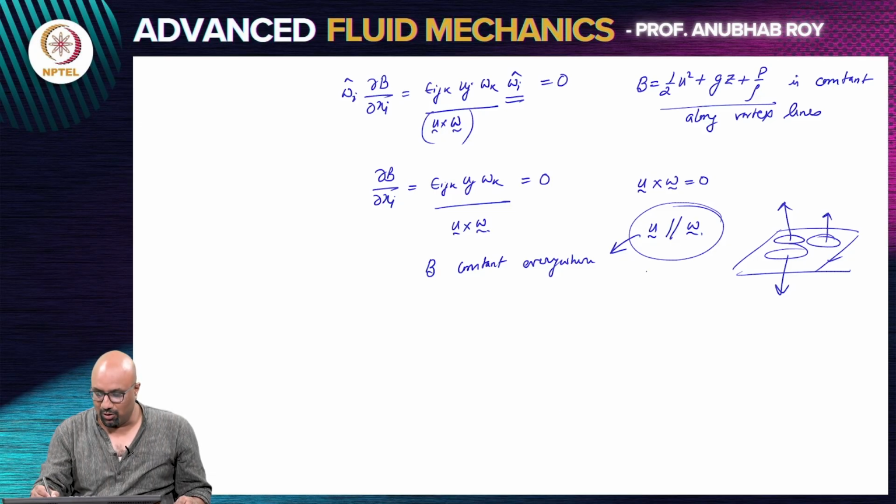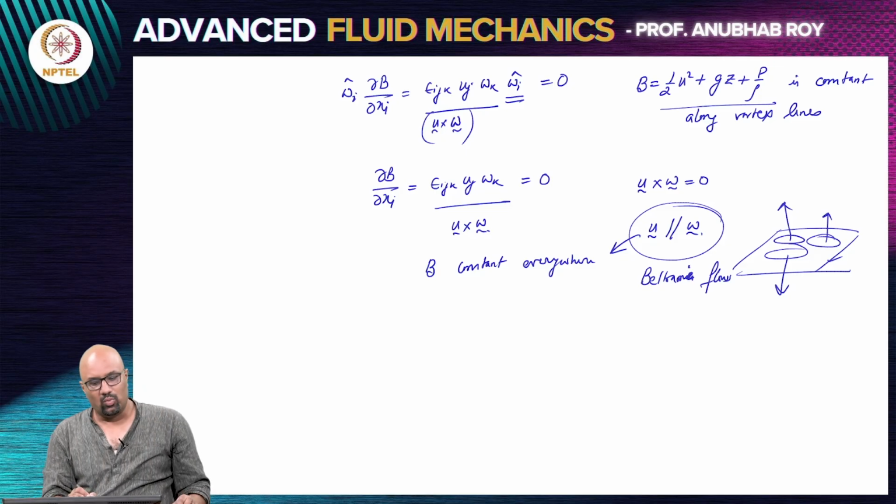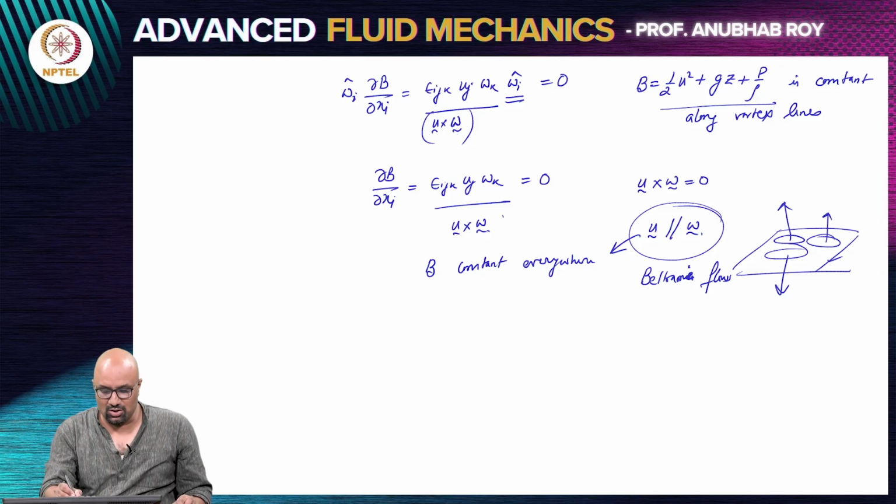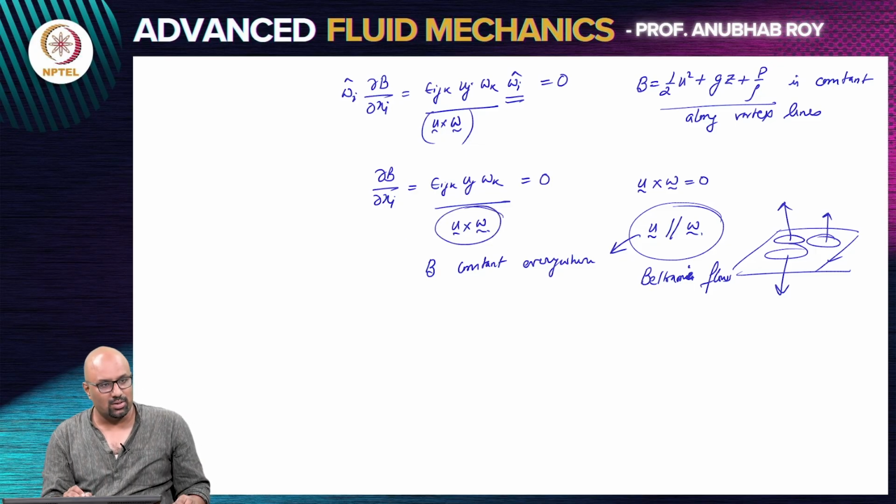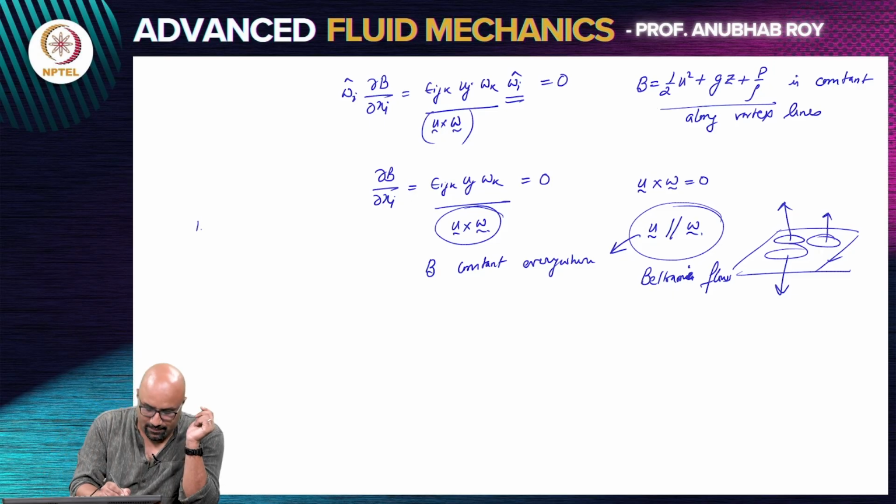So, there can be flows which are known as Beltrami flows, where u can be parallel to omega, which means u cross omega is equal to 0, and thus the Bernoulli function is a constant everywhere. So, there are three cases that we saw, that if the flow is steady, obviously this is inviscid and barotropic.